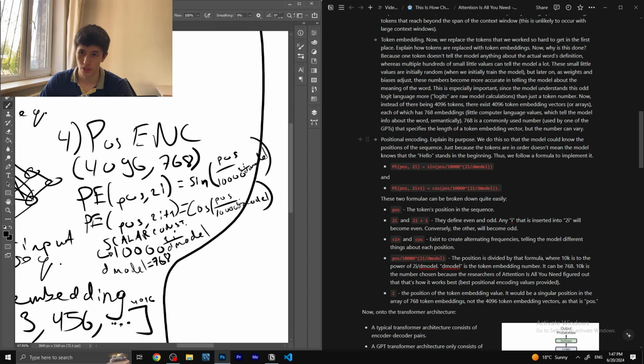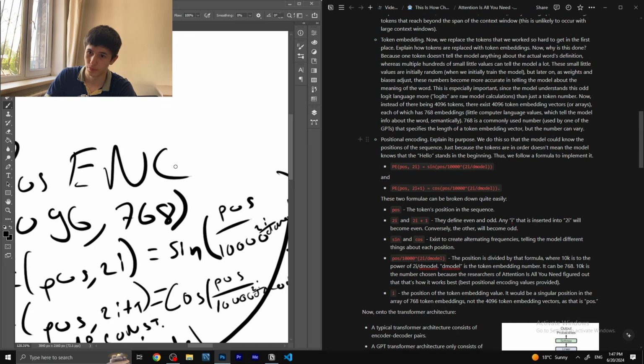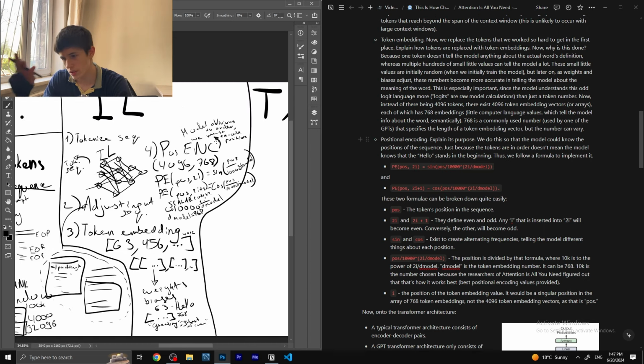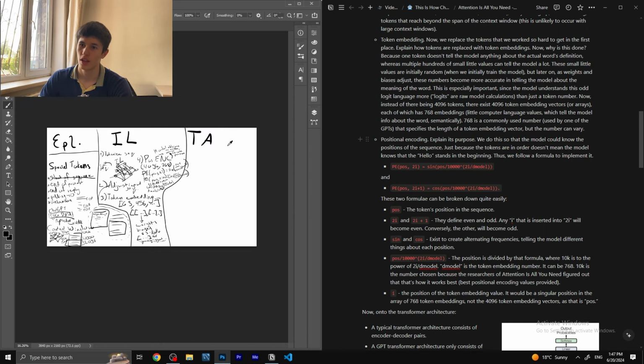Positional encodings: the model is oblivious to positions and order, so we must encode positions so that the model sees, aha, that's the last token, that's the first one, etc.